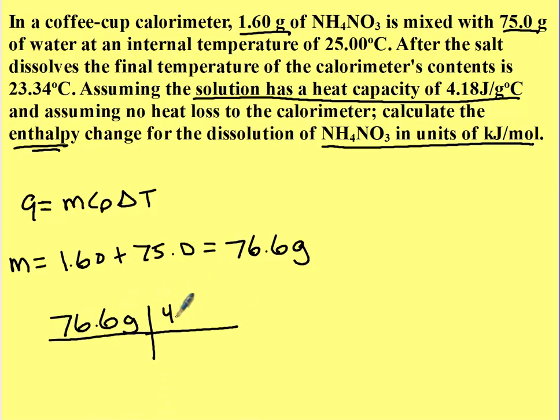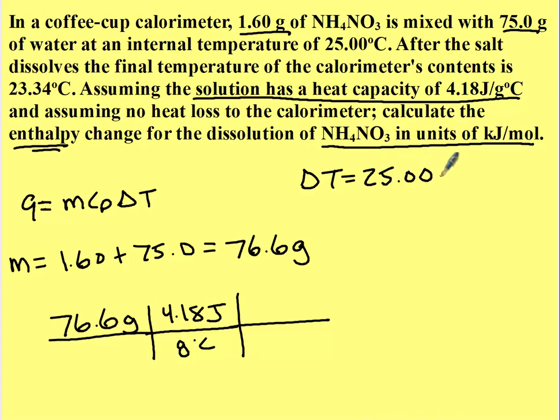My CP, for my change in temp, unless I'm doing MCAT minus MCAT, I'm usually just doing bigger minus smaller. So 25 minus 23.34 gives me a difference of 1.66 degrees Celsius. I was subtracting, so I wanted 2 numbers after the decimal.